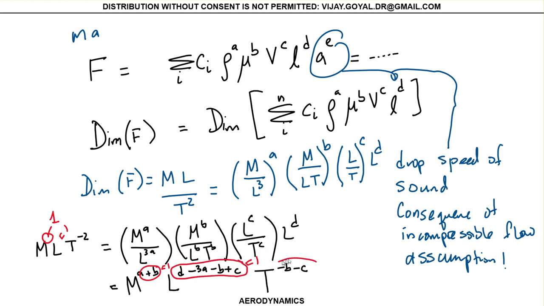And this has to equal minus 2 because of this. Okay, so basically I'm going to have a set of equations which I now need to solve. So this is what I'm going to do next. So we know that A plus B is equal to 1.